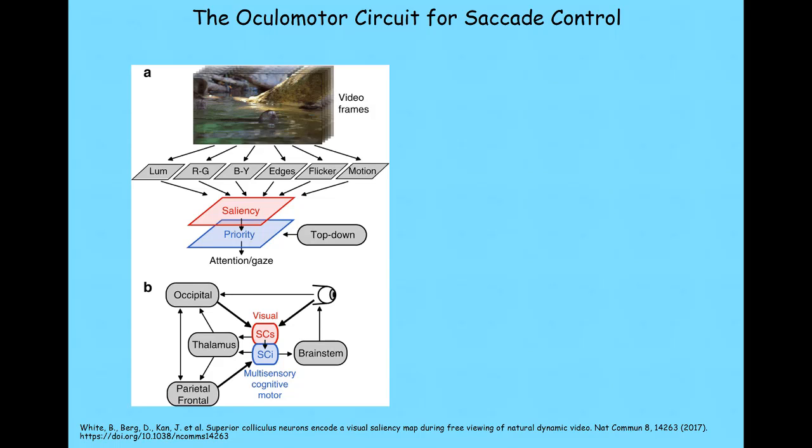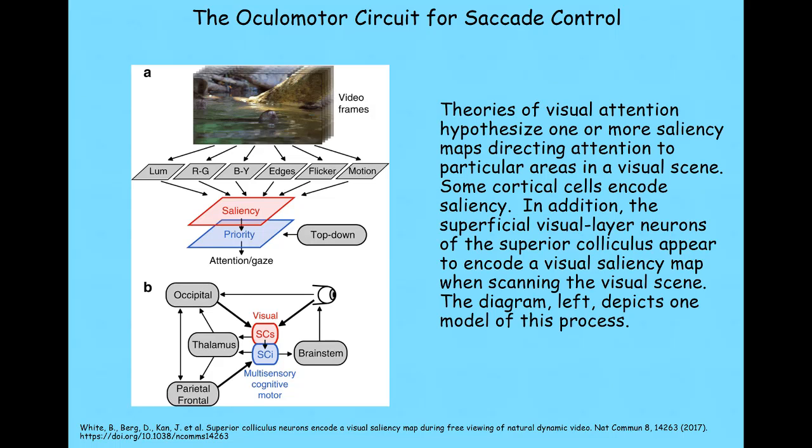So how does the brain decide what it wants to saccade to? What drives visual attention? Well, theories of visual attention hypothesize one or more salience maps. Salience being importance, significance. And these maps direct attention to particular areas in a visual scene.